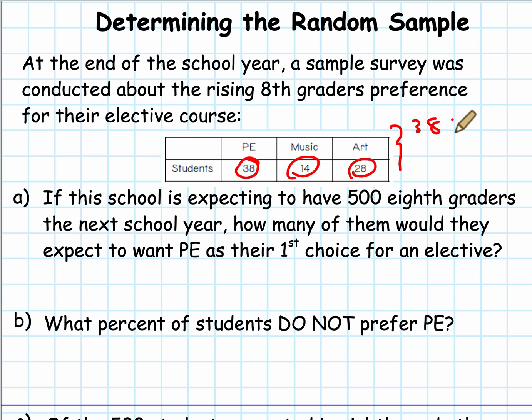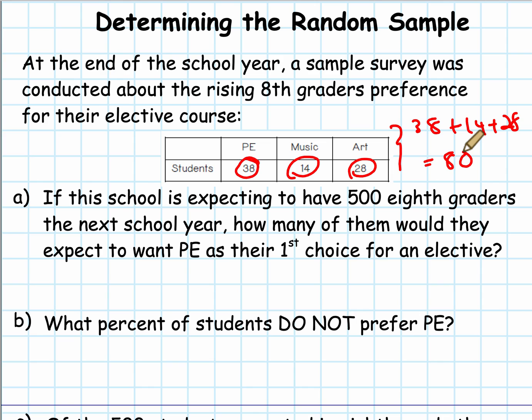If we add those together, we get 80 participants. At this particular school, they expect to have 500 8th graders next school year. Out of those 500, how many would be expected to want PE as their first choice?